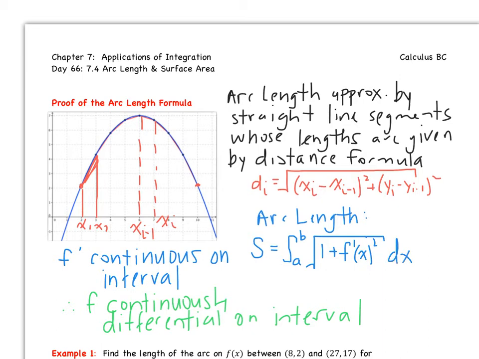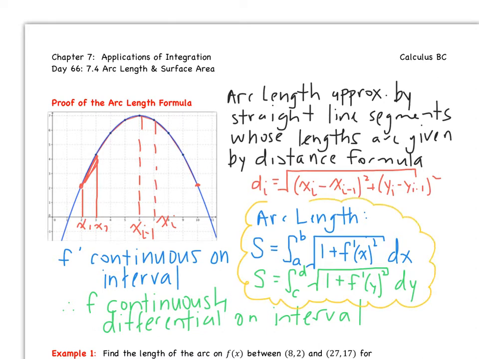Or if we're using our y's, S is equal to the integral from c to d of the square root of 1 plus f prime of y, squared, dy. Those are the key formulas, and I will show you where they came from tomorrow. The mean value theorem certainly has something to do with it, so we'll come back to that.